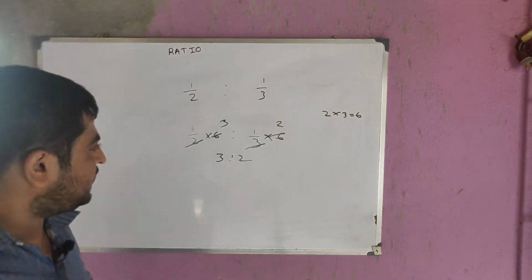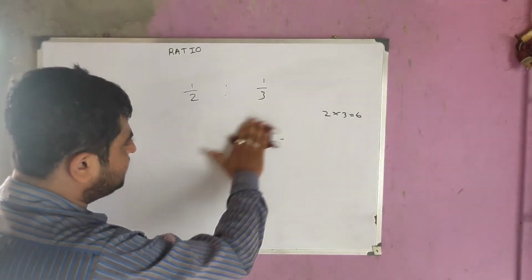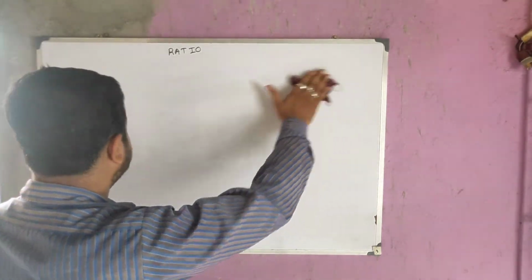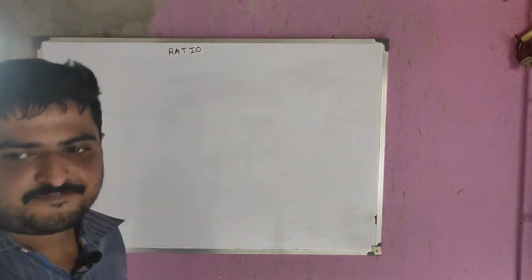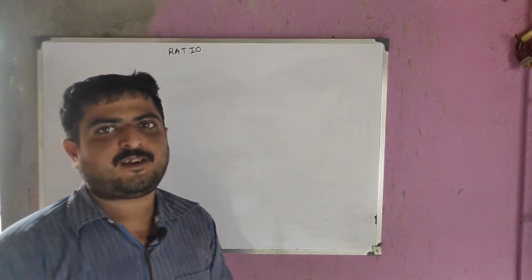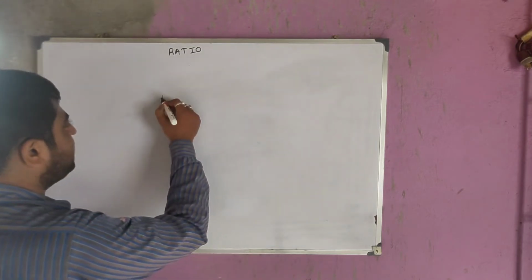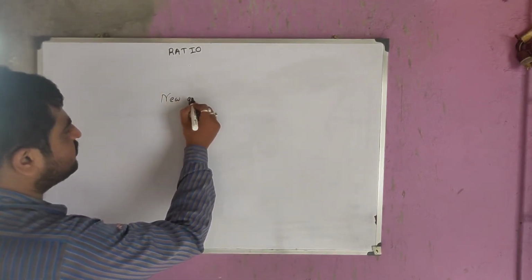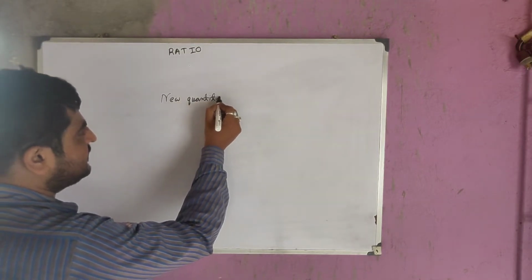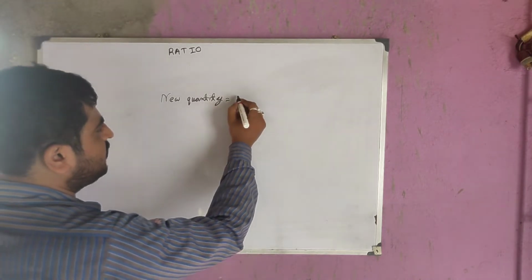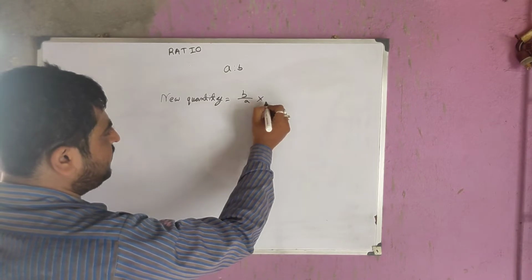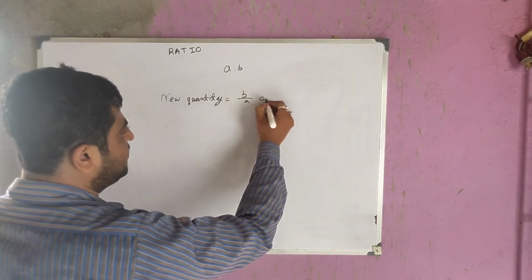Now if a quantity is increased or decreased in the ratio A is to B, then the new quantity equals B by A of the original quantity.